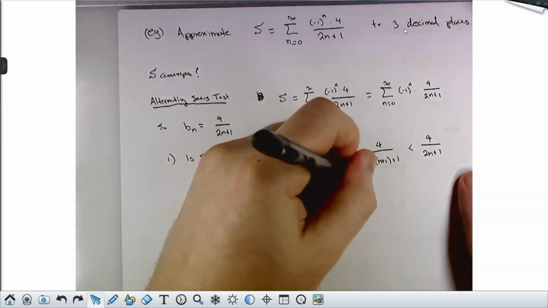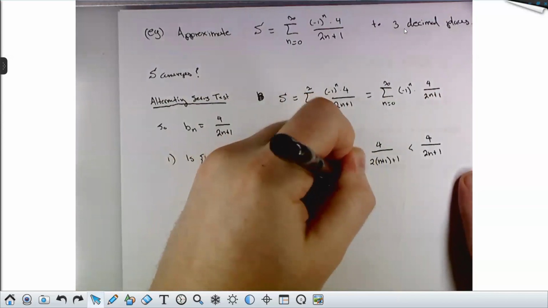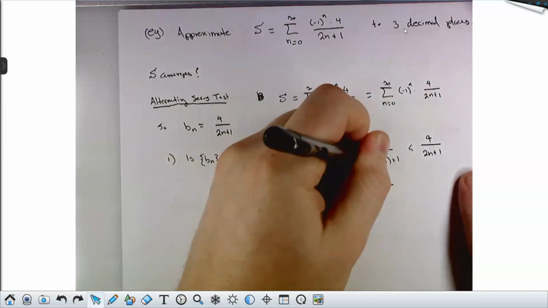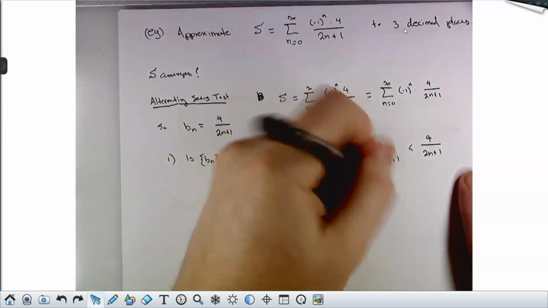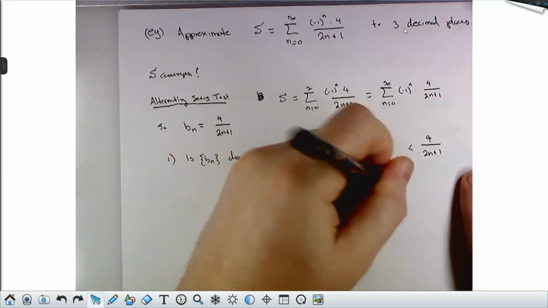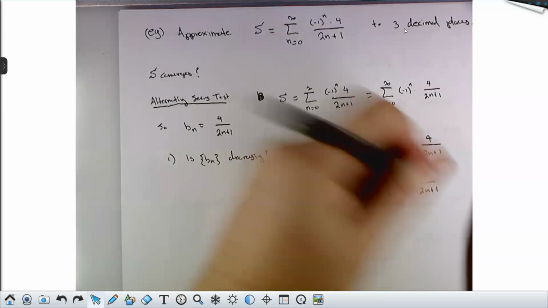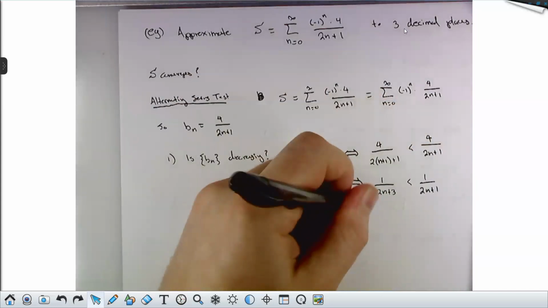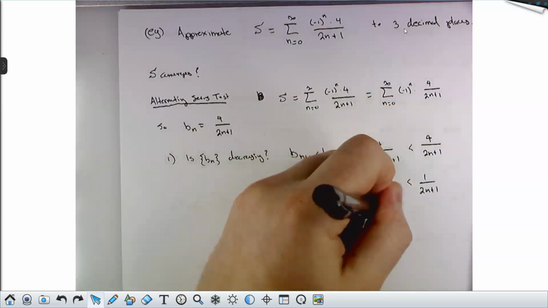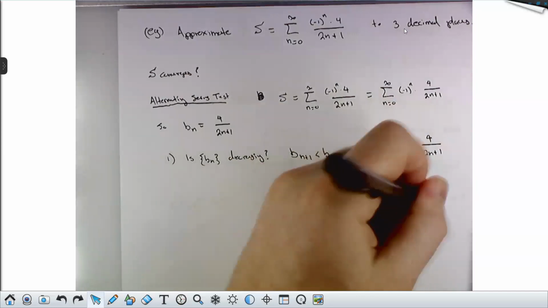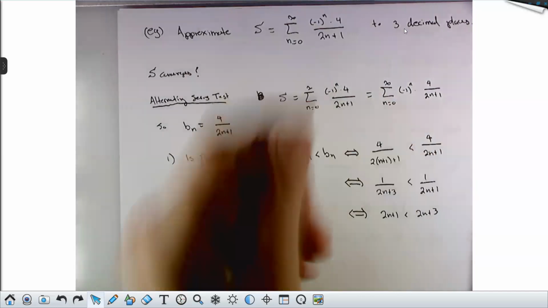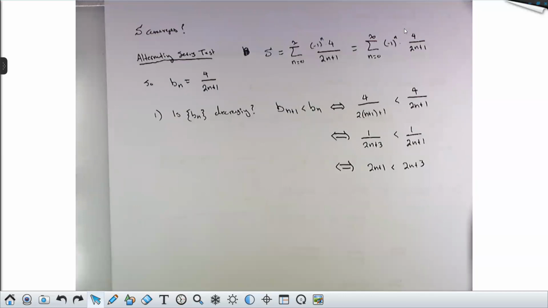You can divide both sides by 4. The 4's go away. You distribute the 2 over the n plus 1, and you get 1 over 2n plus 3 is less than 1 over 2n plus 1. And then you can cross multiply, and you get 2n plus 1 is less than 2n plus 3. And then from here, you've got some choice.